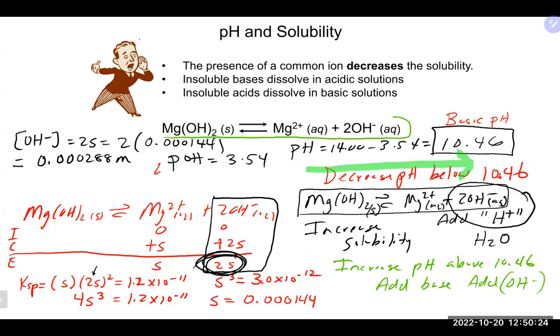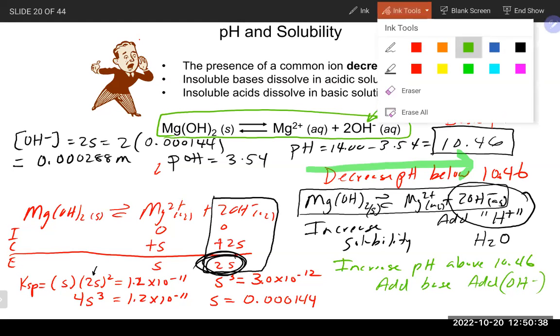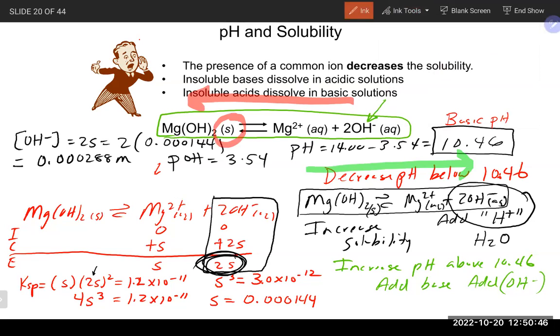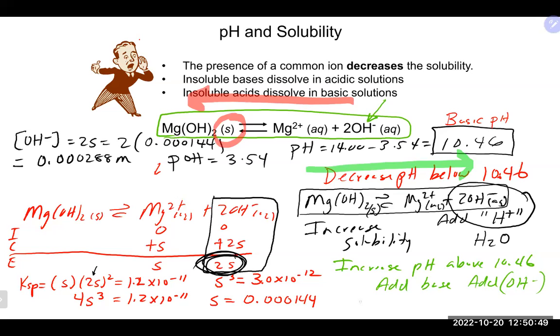Looking at our equation, if we are going to add hydroxide, Le Chatelier's principle will tell us we are now adding more hydroxide, which means the equilibrium should shift which way in this case? Should shift to the left, which means more solid is going to form. So if you brought the pH above 10.46 in this case, we would actually see the solubility decrease. We would actually be making more solid at this point.